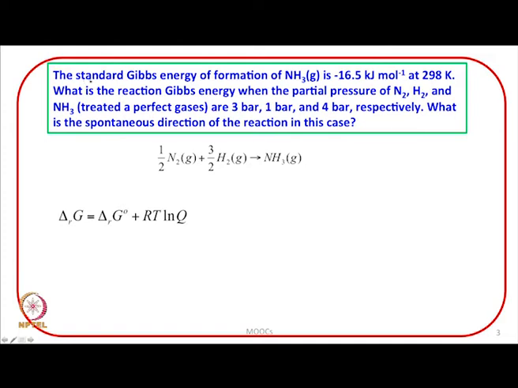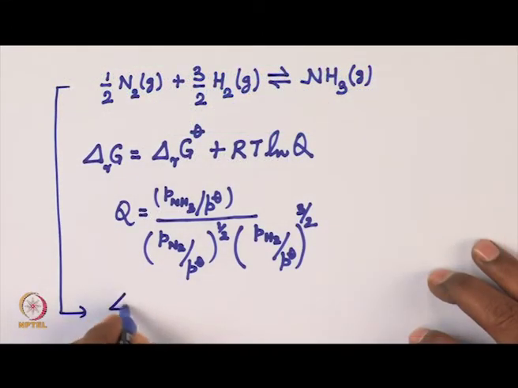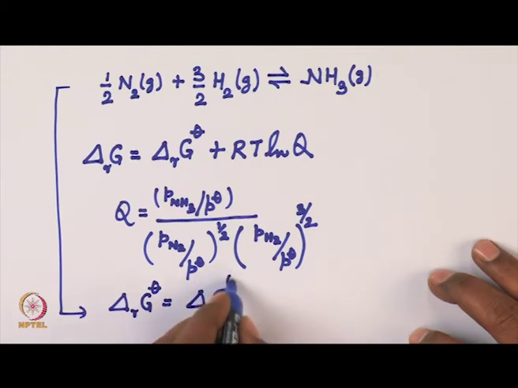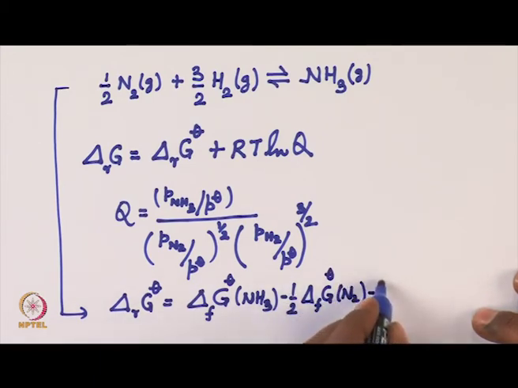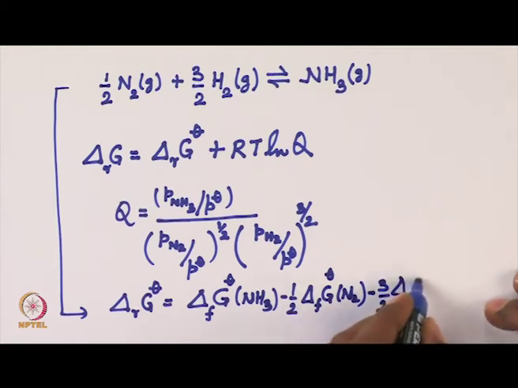In fact, the given information is the standard Gibbs energy of formation, and from that, for this reaction, I can write delta R G naught is equal to the free energy of formation of NH3 minus half the free energy of formation of nitrogen minus 3 by 2 the free energy of formation of hydrogen.